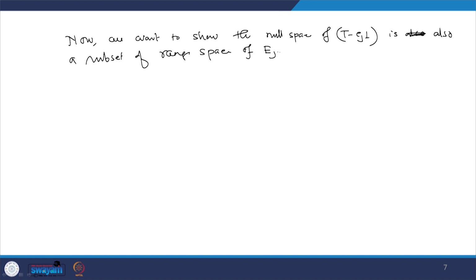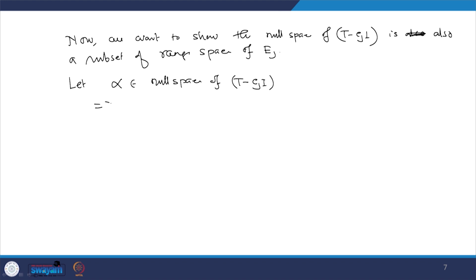So, you want to show this one, please. Let alpha belong to the null space of T minus CjI, this operator.